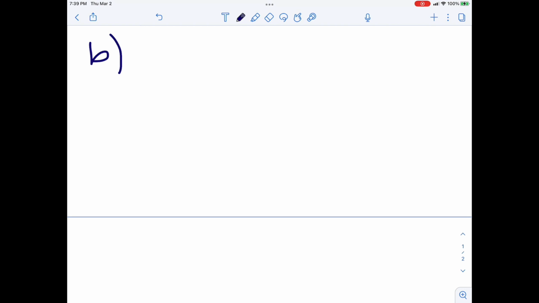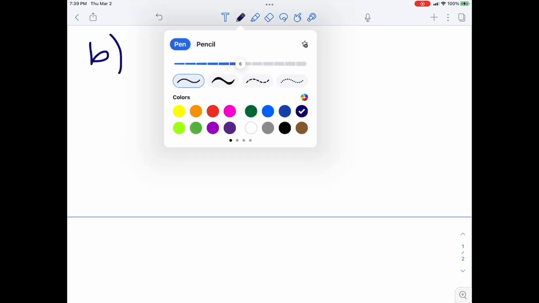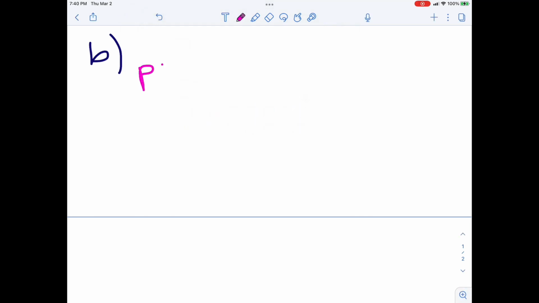Part B asks, for 0 ≤ t ≤ 8, find all times t during which the two particles travel in the same direction. Like I mentioned in the previous problem, in order to know a particle's direction, we need to look at velocity. When they're moving in the same direction, their velocity will have the same sign. So let's look at that. I'm going to start with the sign chart for particle p, which we just did above, so I won't go through it again.